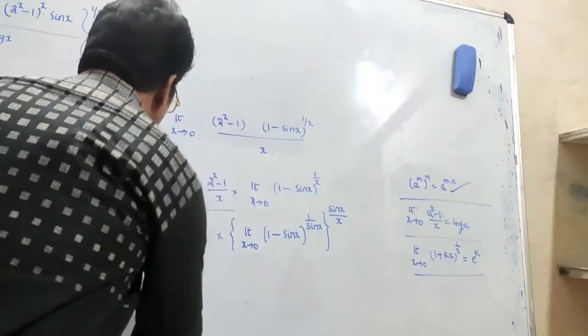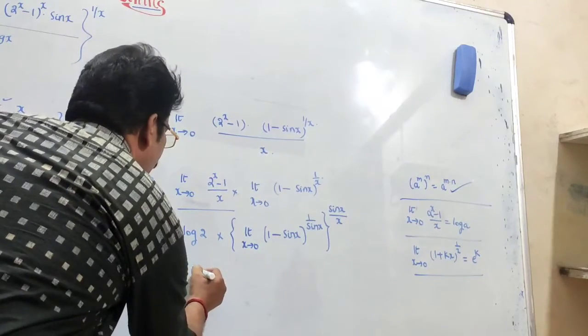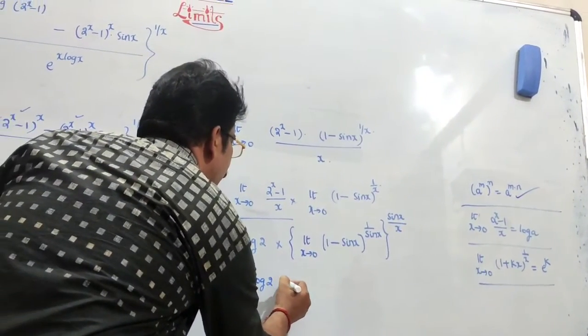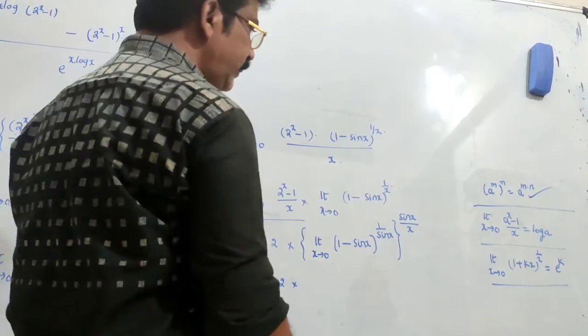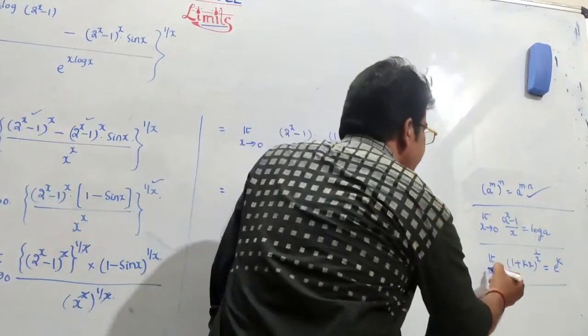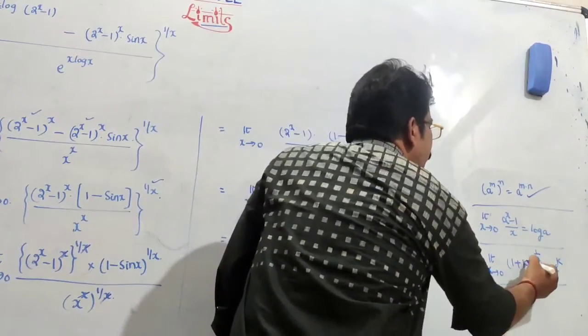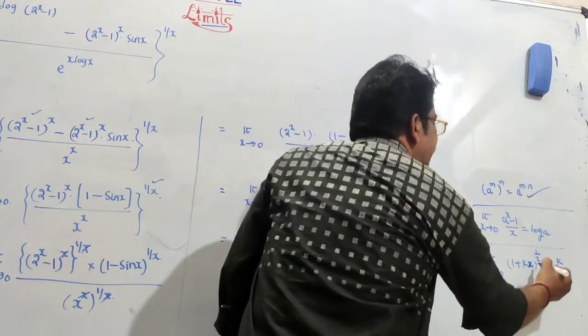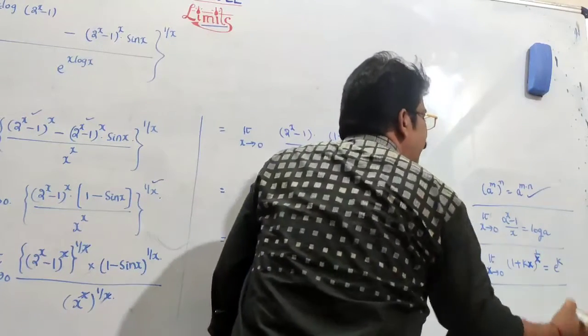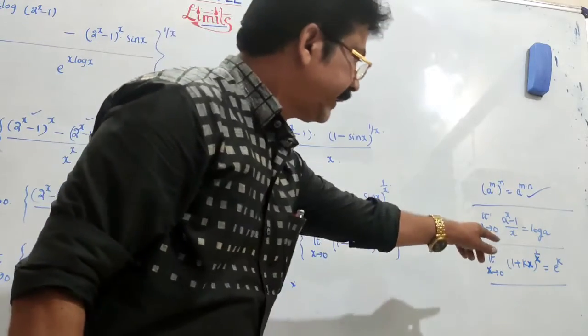So that is equal to log 2 into, now you come here, limit capital X tends to 0 of (1 plus something capital X) whole to the power of 1 by X is equal to e power of that X coefficient k.